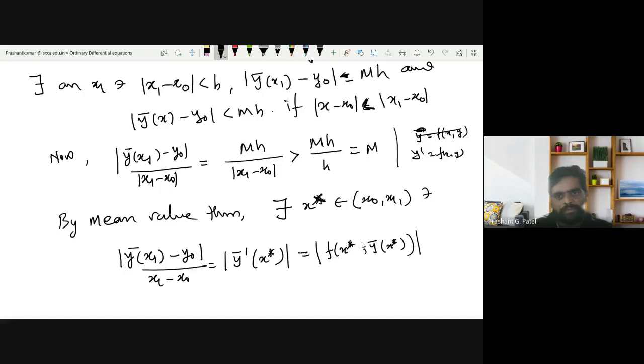And according to equation 8, this function is always bounded by m, and this will say that it is bounded, less than or equal to m.